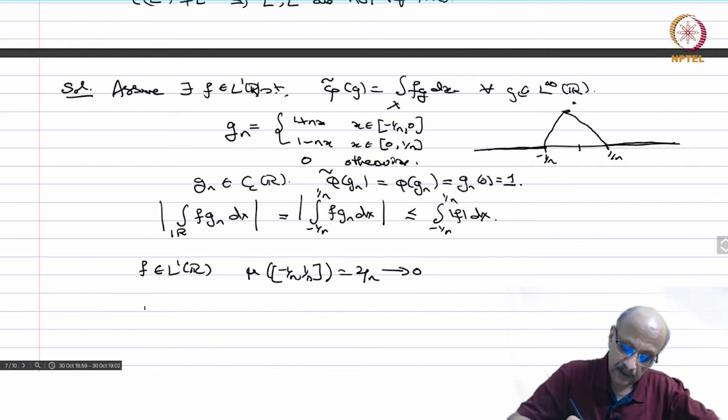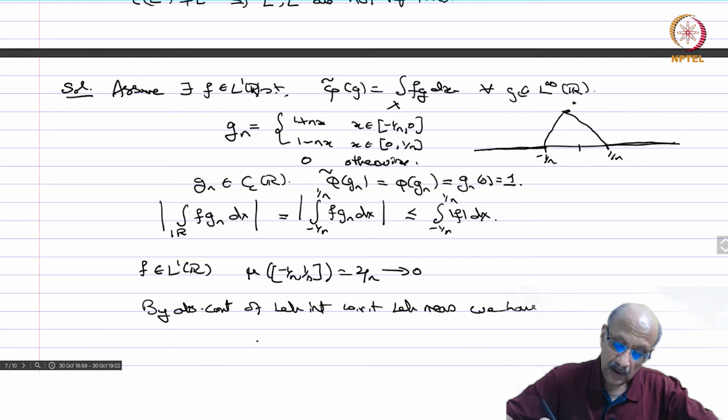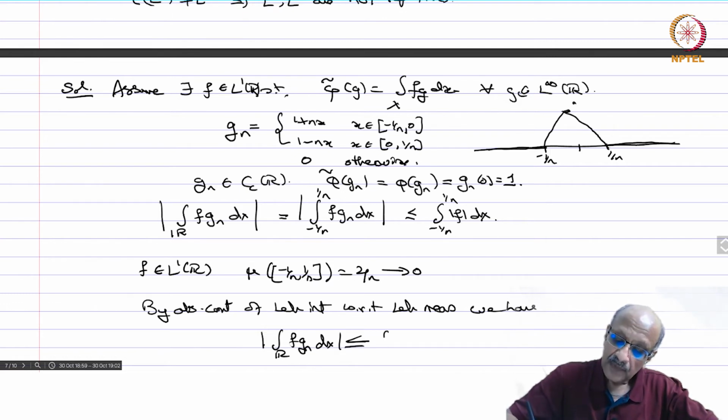Therefore, by absolute continuity of the Lebesgue integral with respect to the Lebesgue measure, we have the modulus of the integral over R of f g_n dx is less than or equal to the integral of |f| dx from minus 1 by n to 1 by n, and that goes to 0.